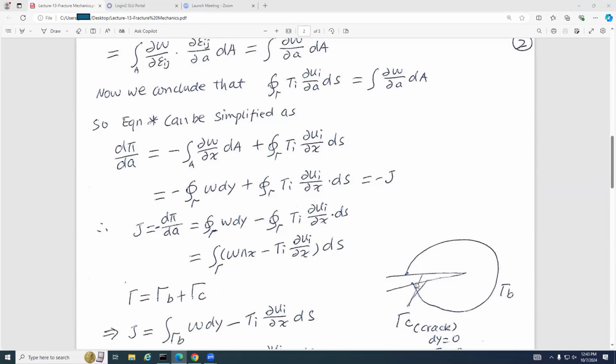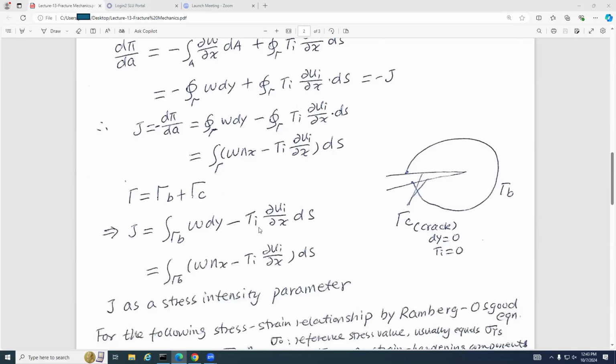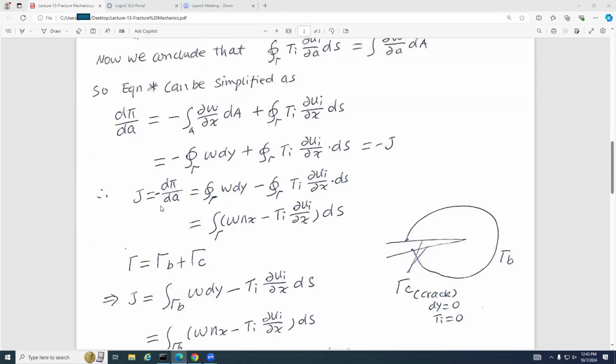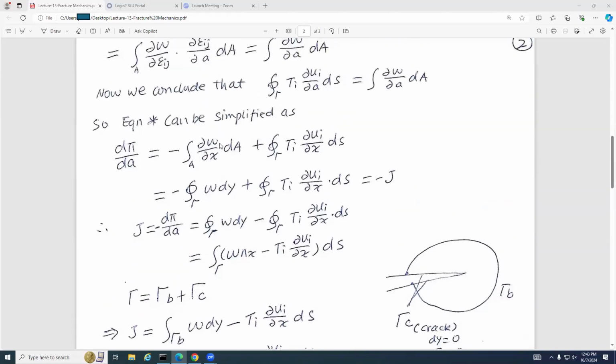And please note that this is for gamma b plus gamma c, and we do not use gamma c; gamma c equals 0 and we only have gamma b. So this is how we calculate this J here. And I want you guys to take a look at how I derive this equation star.